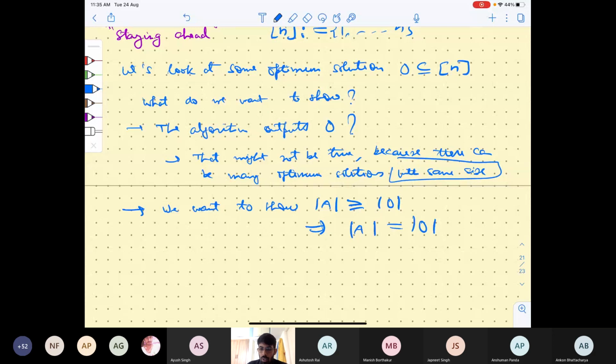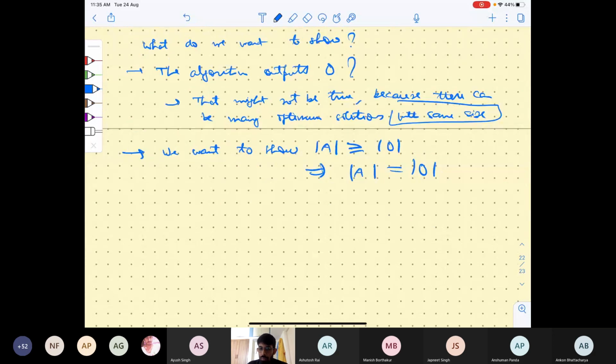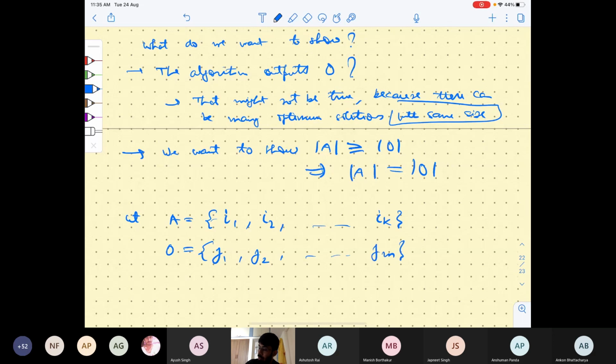Okay, good. So now let's just make it slightly more precise, and let's look at what are the intervals. Let A be equal to, so let's say A has k elements, I1, I2 to Ik, and let O have m elements, J1, J2, to Jm.